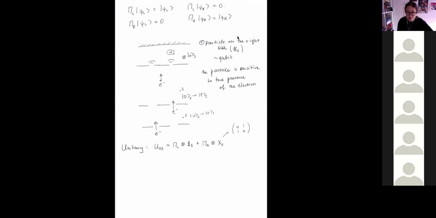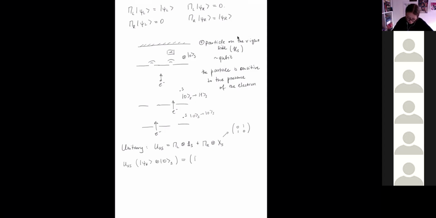And let us confirm for ourselves that indeed this unitary evolution acts in an appropriate way on our initial state. So our initial state is this electron in the state psi alpha, and the system S is initially in the 0 state.